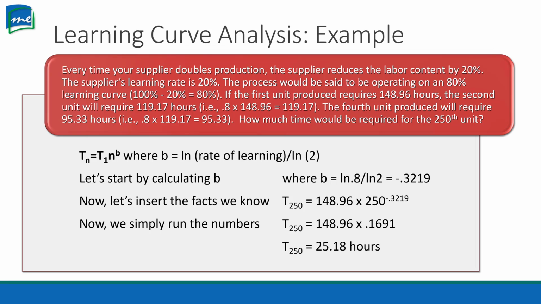So that's a learning curve. That's how we figure that out. And this is very helpful when we're trying to figure out what our production speed is when we're X number of units in. We can figure out what our learning curve is. So by using all these tools, it can greatly help us be more competitive and meet our customer need in the market.